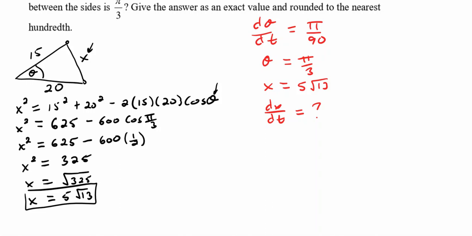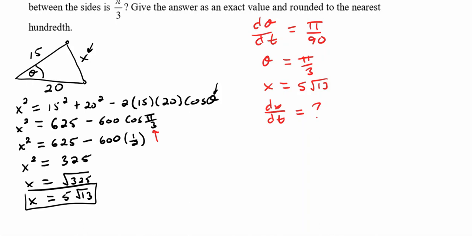Let's actually just use the cosine law again, but I'm not going to throw in a value for theta, because this is a changing value. This is the general equation for as the angle's changing, so we have to leave that as just theta. I was able to throw in pi over 3 earlier because that was our snapshot, our picture in time.